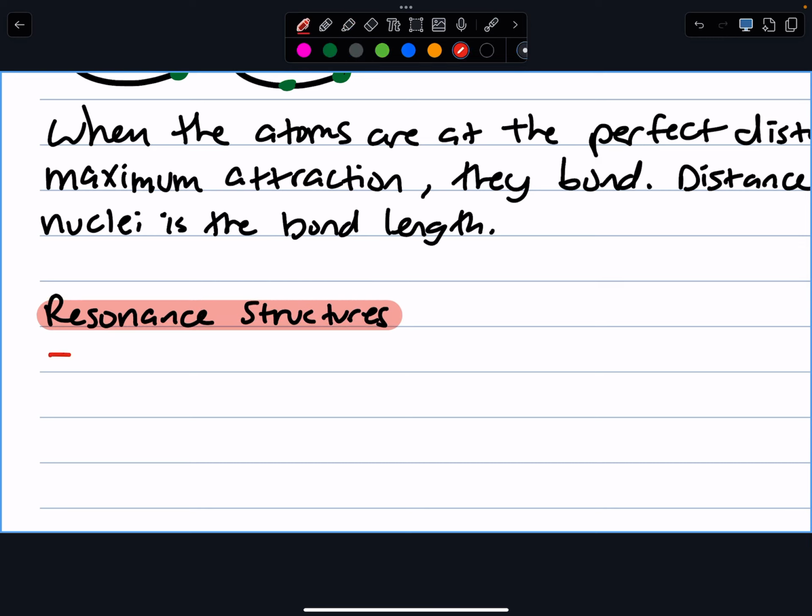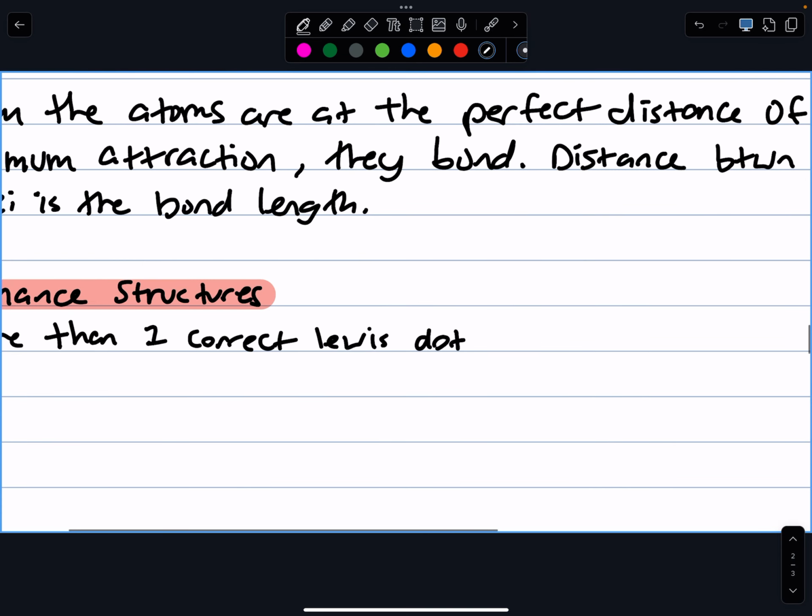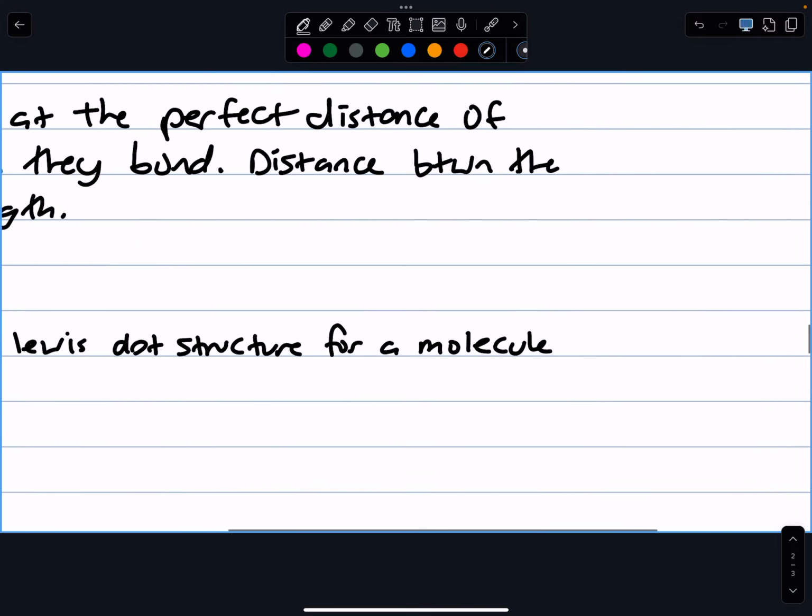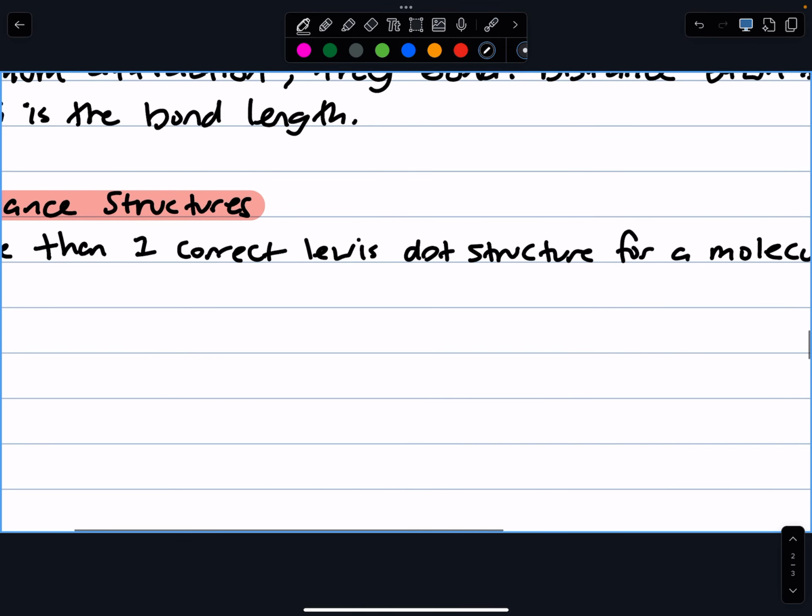So basically, more than one correct Lewis dot structure for a molecule.